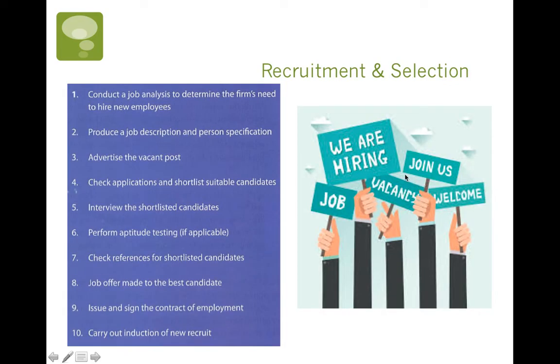Well, there are 10 steps of recruitment and selection, and those 10 steps have to start with a job analysis to actually identify what the business's needs are. And this job analysis might be analysing the job of somebody who's leaving to see whether or not their role has adapted and evolved since they started, as jobs often do because of technology and changing market needs.